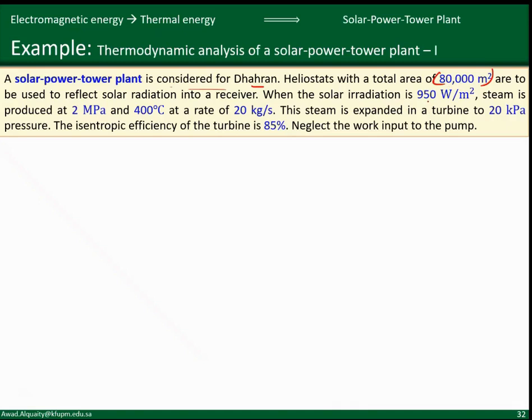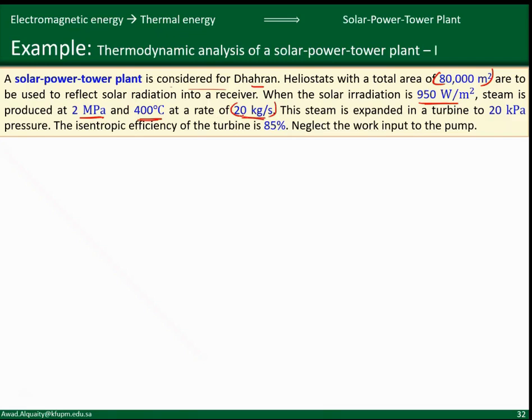Now, the solar radiation is 950 watt per meter square, and the steam is being produced at 2 megapascal and 400 degrees Celsius because of energy exchange from the molten salts that are heated by the solar tower receiver. And so we generate some steam from it, and these are the conditions for the steam. And this is the rate at which the steam is being generated.